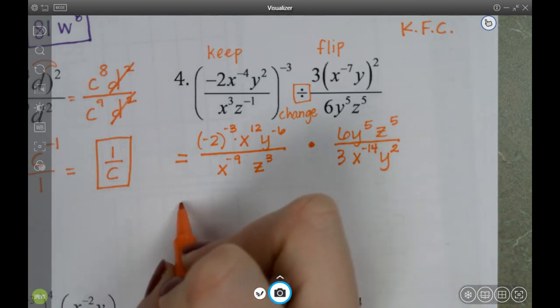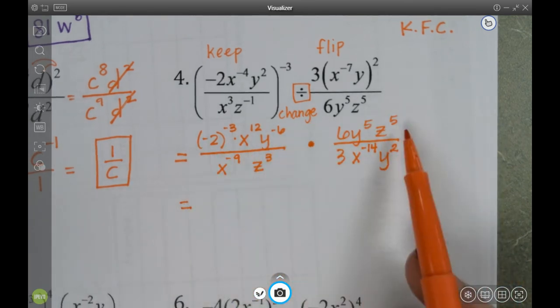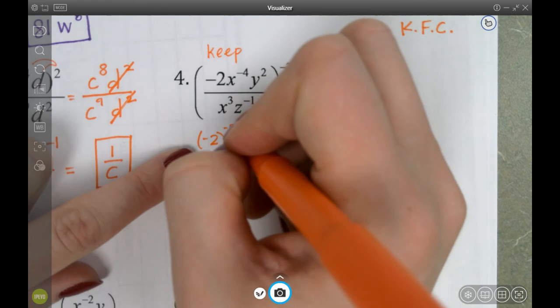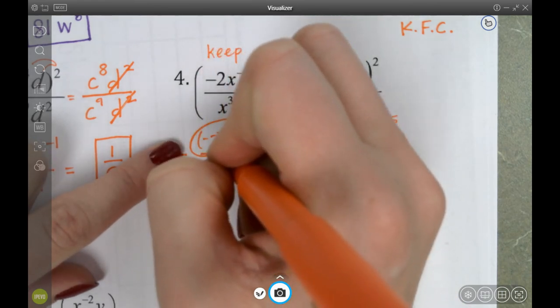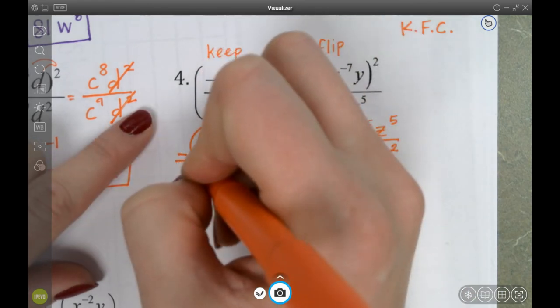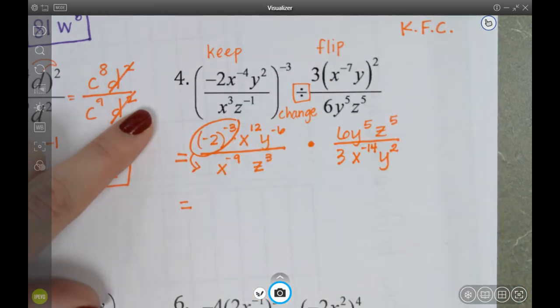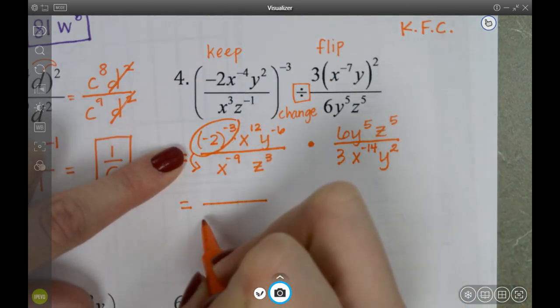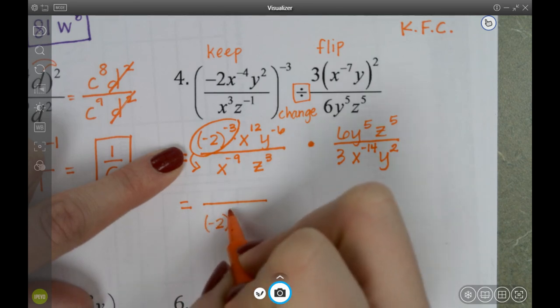Okay, so I'm going to have across the top, actually I lied. I'm going to move this one to the bottom. I didn't lie. Okay, I have to move that to the bottom because it's got a negative exponent. So I'm going to have negative 2 to the 3rd power in the bottom.